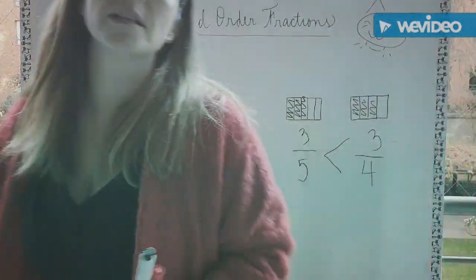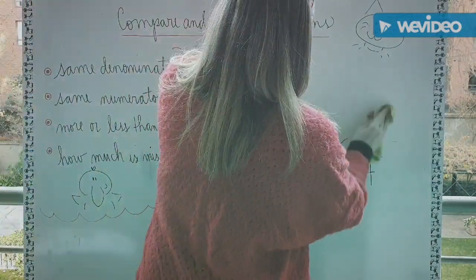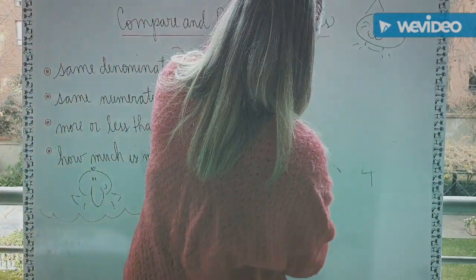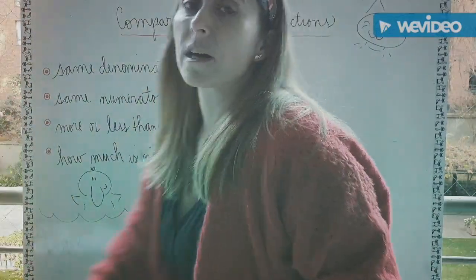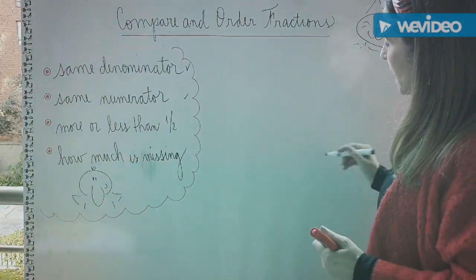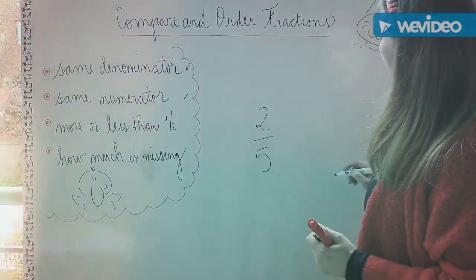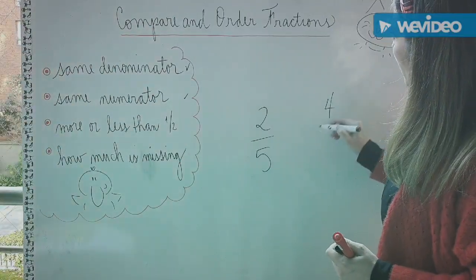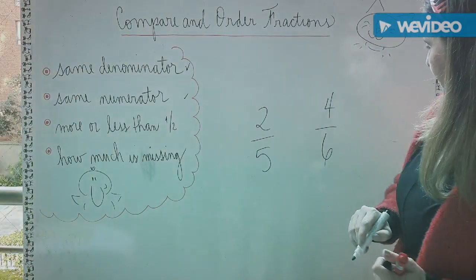Let's go with the next criteria for comparing, and that is to see if they are more or less than the half, okay? This works when you have fractions that have unlike denominators. For example, 2/5 and 4/6.